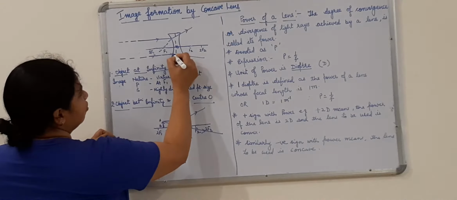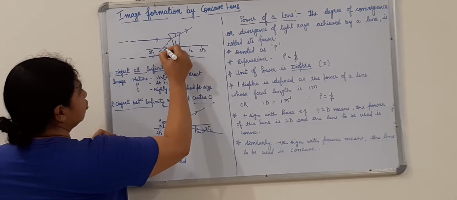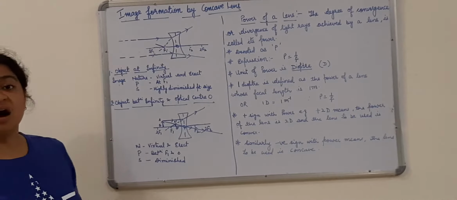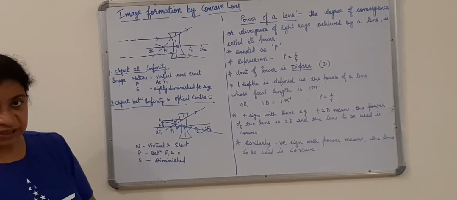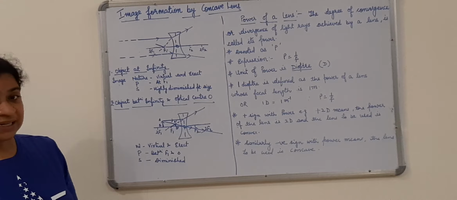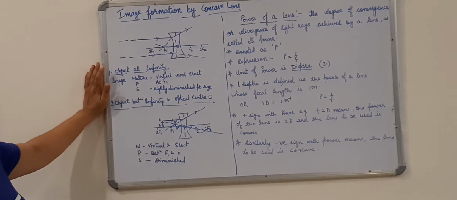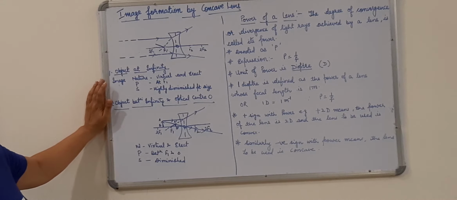So the second ray, also the divergent ray, I am going to retrace. I will see that these two light rays appear to intersect, not actually intersecting, but appear to intersect at this point, focus. So this is the point where our image will be formed in case of concave lens when the object is at infinity.